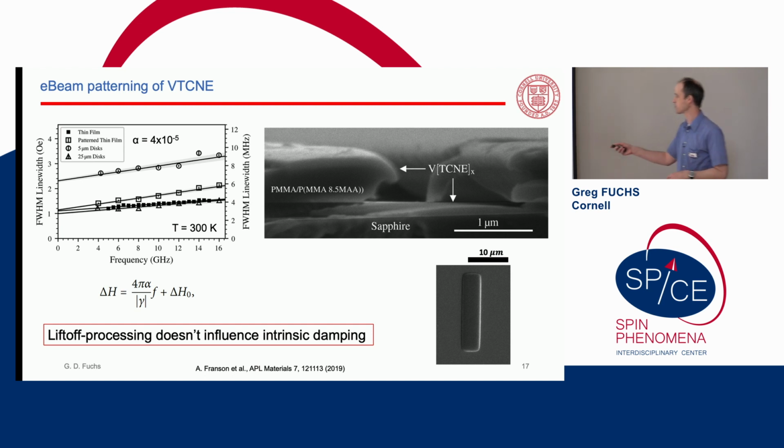I'll point out that these microstructures have a lens shape to them, and that's just due to the dynamics of the gas getting in and out of this template. But crucially, as you do this, you don't see a change in the Gilbert damping parameter in FMR experiments at room temperature, again encouraging us that this is a great material.